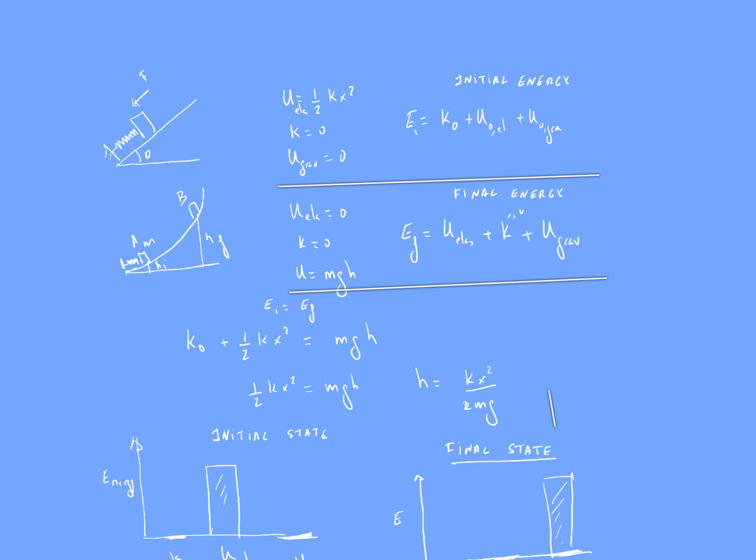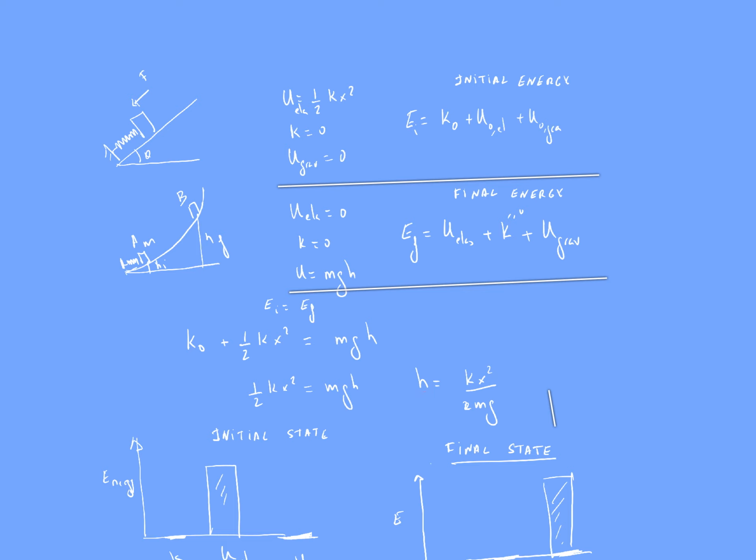So mgh, this will produce an equation that if you give me the compression, the x, and you give me the k, the constant of the spring, this is not the kinetic energy, sorry, this k is confused with this K0. This is kinetic energy, but this is the constant of the spring, the k newtons per meter.